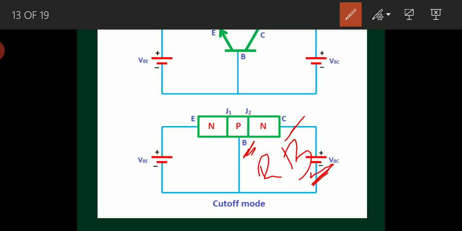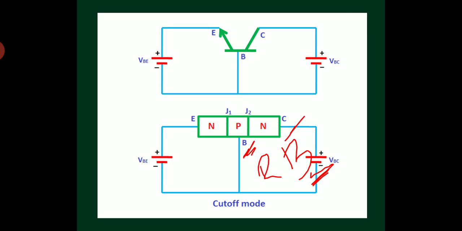If both junctions are reverse biased, then it is called cutoff mode of operation. Since both junctions are reverse biased, practically no current flows in the transistor. Therefore the transistor is said to be in the off state, and it acts like an open switch.